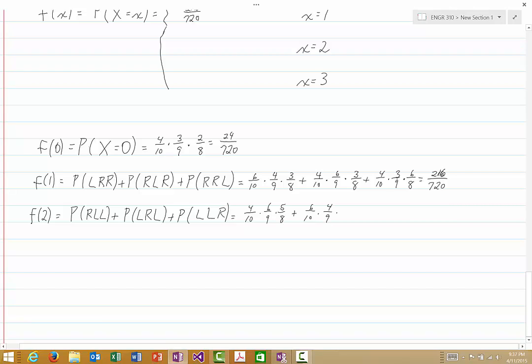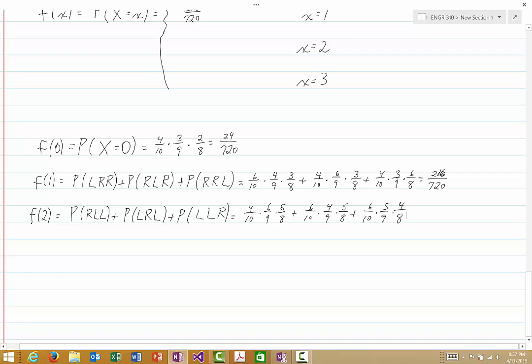And then that the last one would be left would be 5 out of 8. And then for the last set here, left, left, right, for that outcome, the first probability is 6 out of 10. The second one is 5 out of 9. And the last one is 4 out of 8.